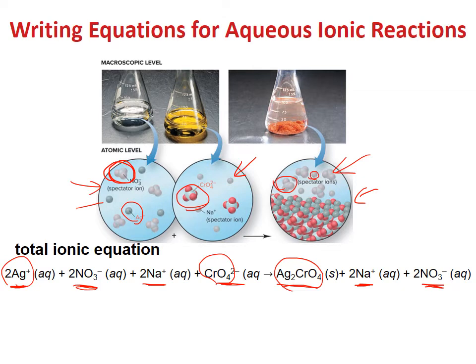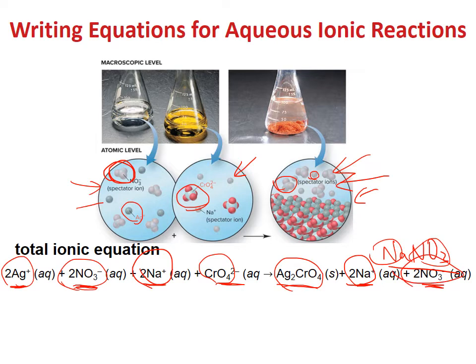Remember, when we write the molecular equation, one of the products is sodium nitrate, and sodium nitrate is highly soluble. So in the solution, it's also dissociated into sodium ion and nitrate ion. Basically, sodium ion stays in the solution before and after reaction. There's no change. And nitrate ion also stays in solution before and after reaction. So they don't change before and after reaction.